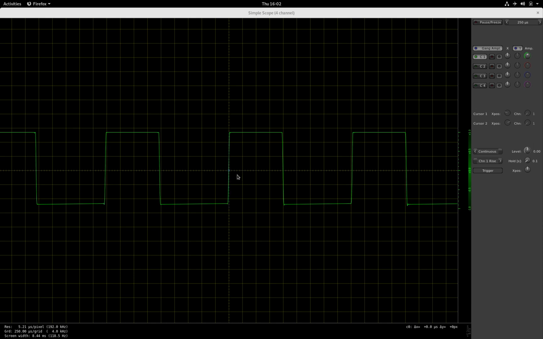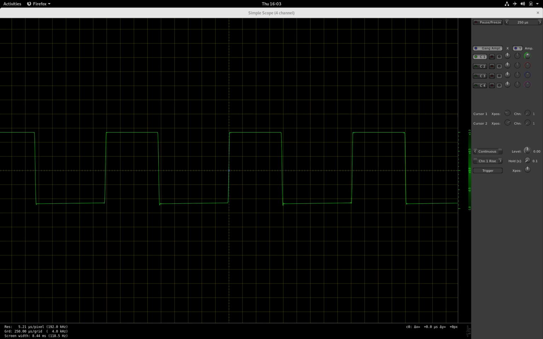However, when you count the divisions, you will see that we have a positive half wave that is 4 divisions wide, and a negative half wave that is a bit more than 5 divisions wide. So the signal is asymmetrically clipped. This is because the fuzzer applies a bias voltage to the signal before clipping it. And we can also adjust this bias voltage.